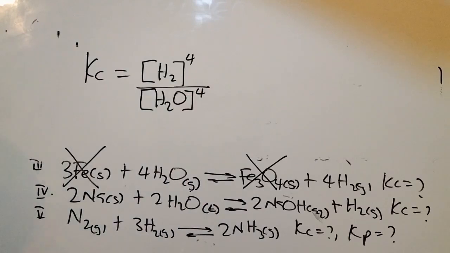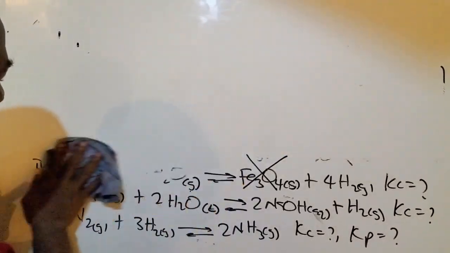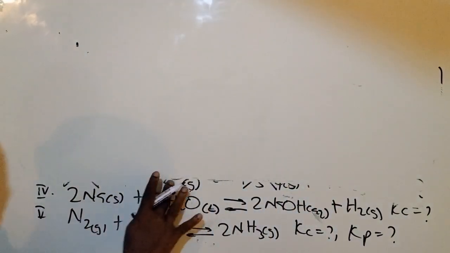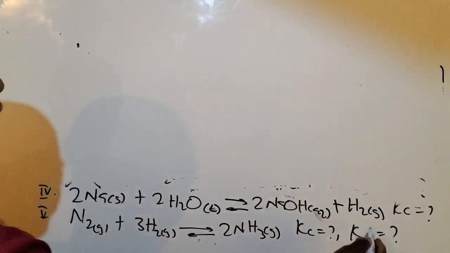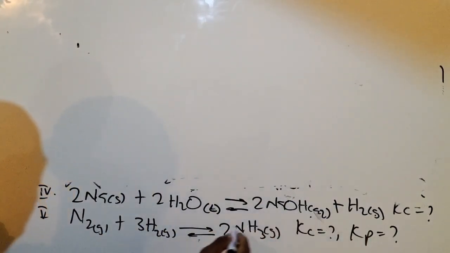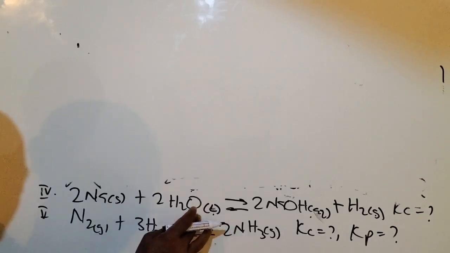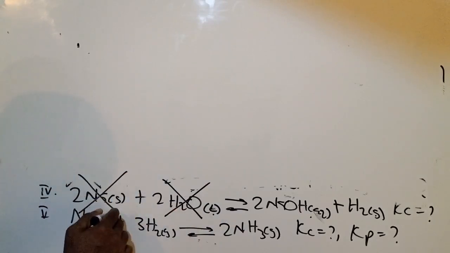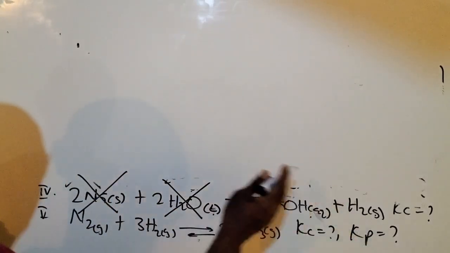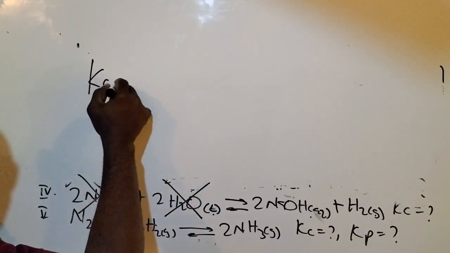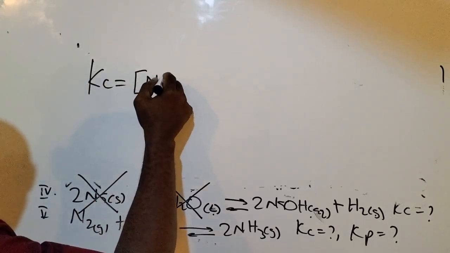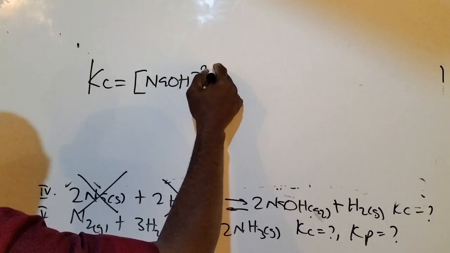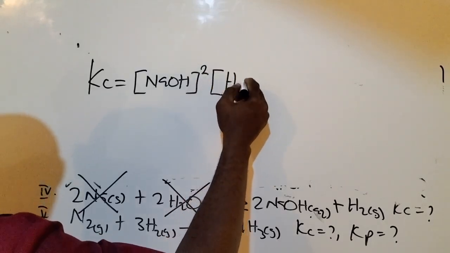Now going to number 4. The fourth example, let's look at the states of the substances. Gaseous, aqueous, liquid. Water is in liquid state. We'll remove this water. Solid, removed. So we'll represent the products. So our Kc becomes concentration of sodium hydroxide, the number of moles in front is 2, multiplied by the concentration of hydrogen gas.